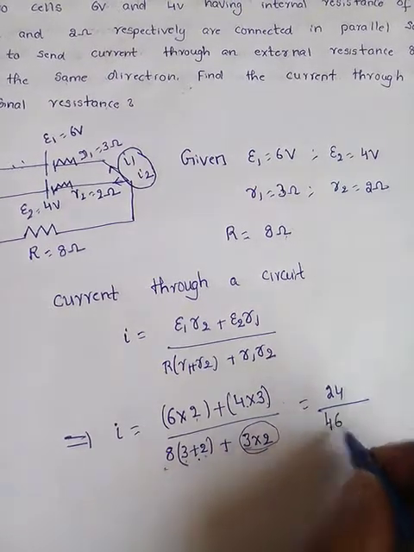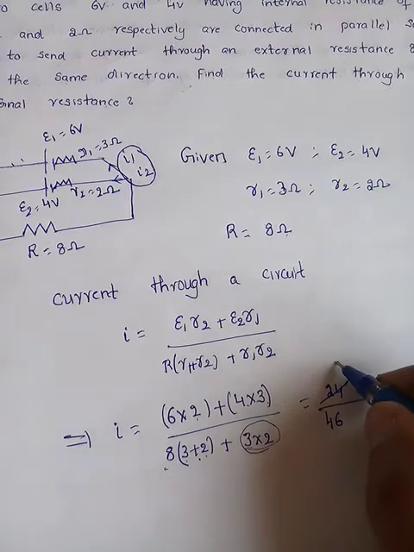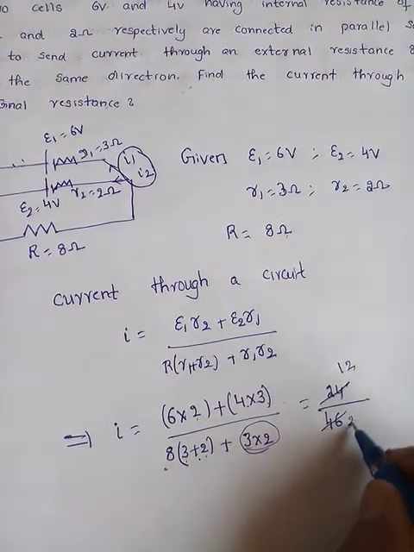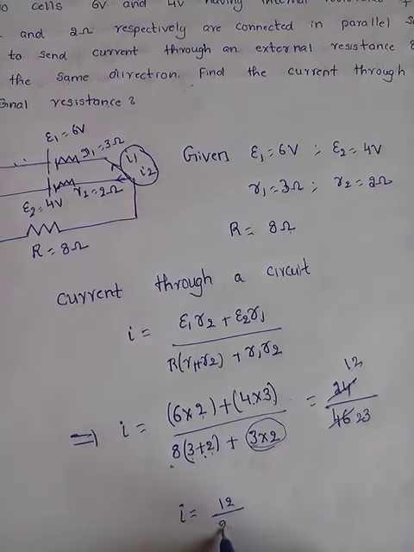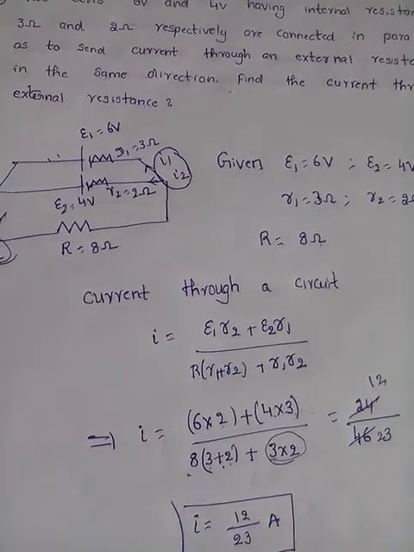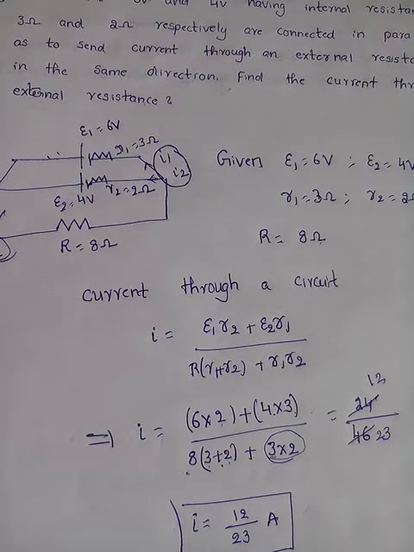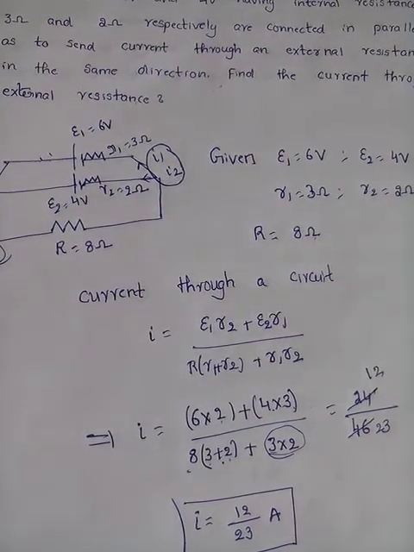So, we get 46. 2 12s are 24, 2 23s are 46. So, I equals 12 by 23 amperes. So this is the direct formula. The important thing is we should remember the formula for the current flowing through a circuit when two cells are connected in parallel.